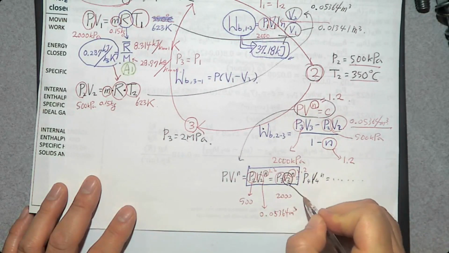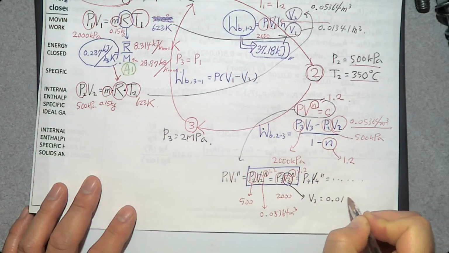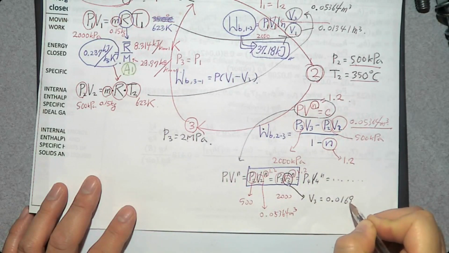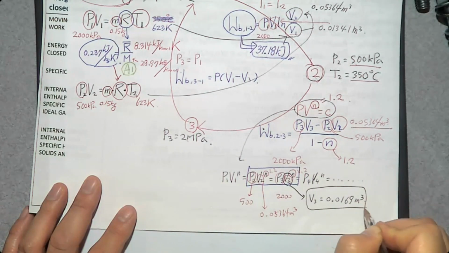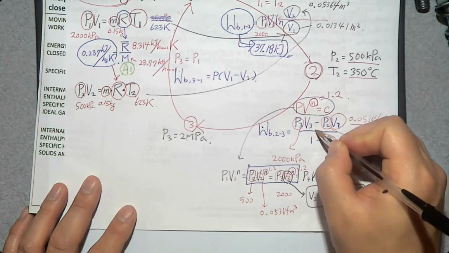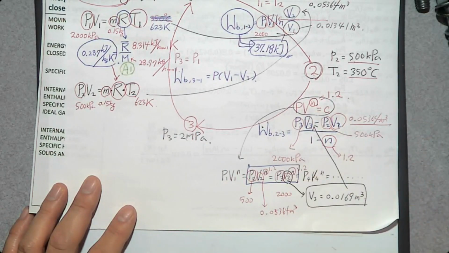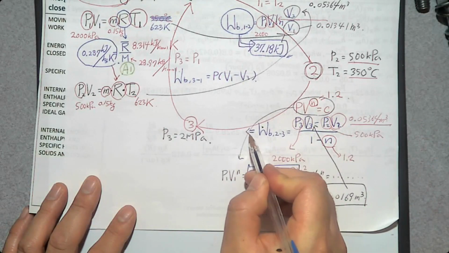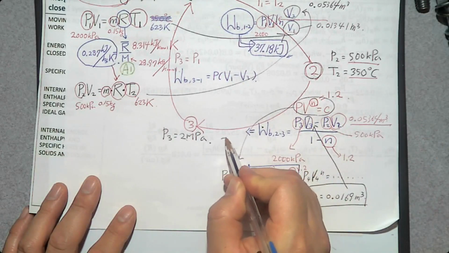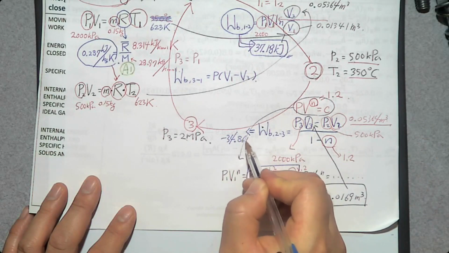So V3 is 0.0169 cubic meters. And this one goes back to this equation, V3. Then we can determine the moving boundary work between 2 and 3. That is minus 34.86 kilojoule.